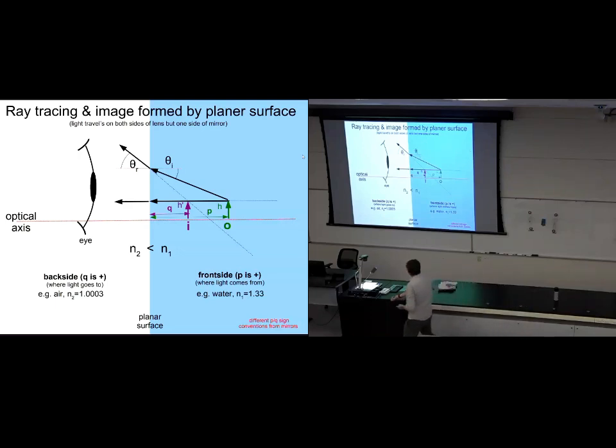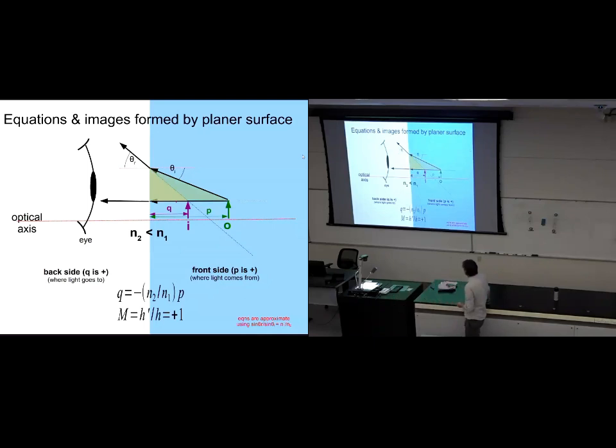We can write down a couple of equations that are handy and describe and quantify this situation. There are these two equations here. This equation here, the upper one, is for the image position, and this one is for the magnification of the image. So the image position is equal to the object position times this ratio of the two refractive indices.